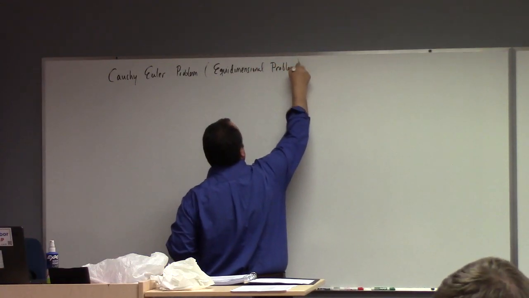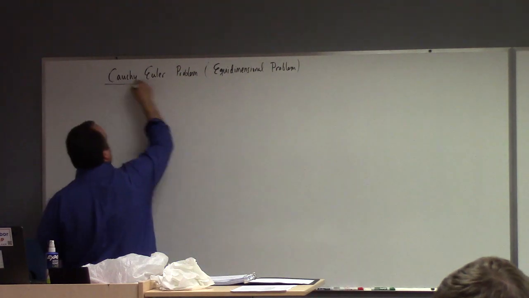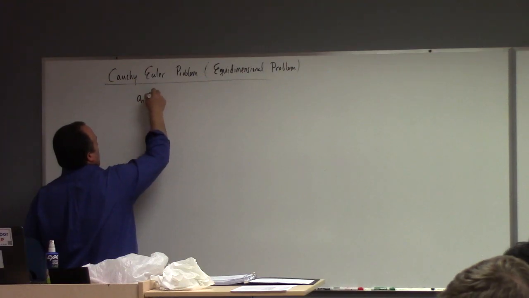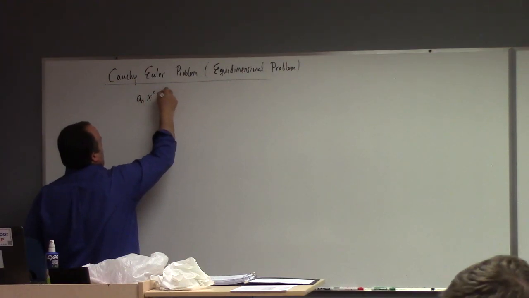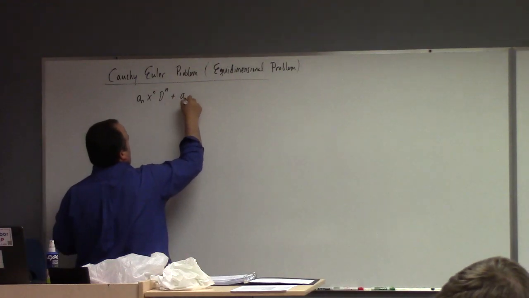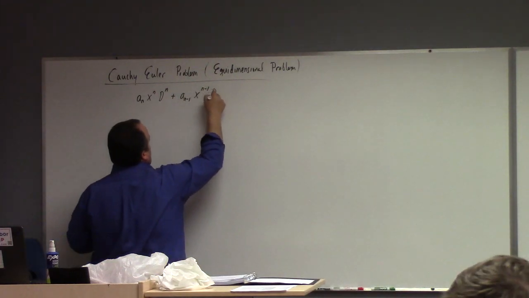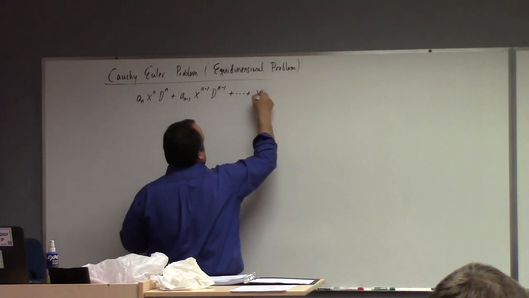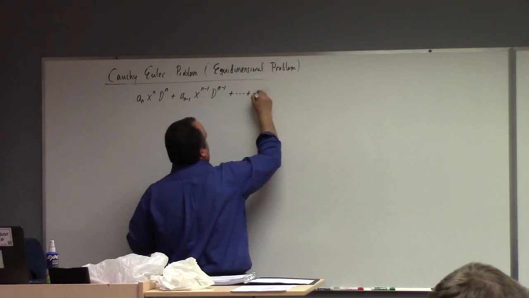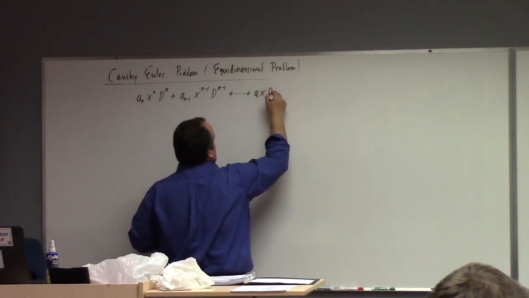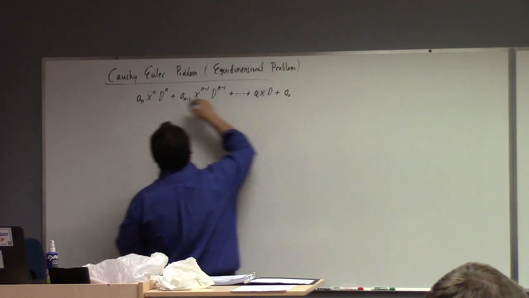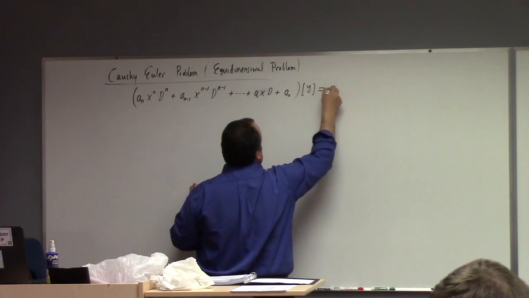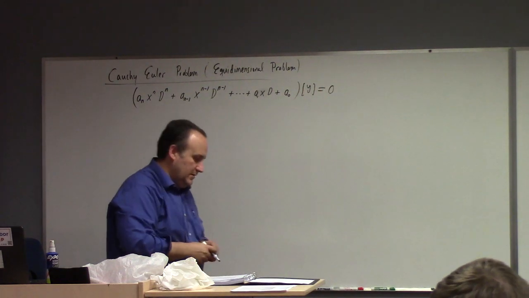It concerns how you solve something of the form a_n x^n d^n plus a_{n-1} x^{n-1} d^{n-1} plus dot dot dot plus a_1 x d plus a_0, all of that acting on y equals 0. So this is the Cauchy Euler problem.